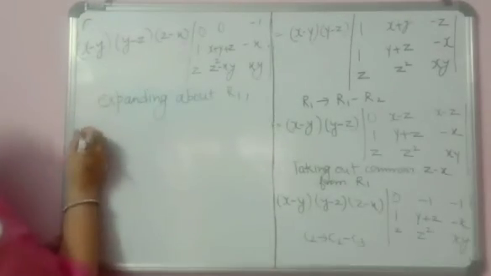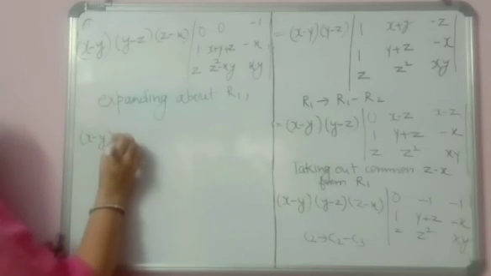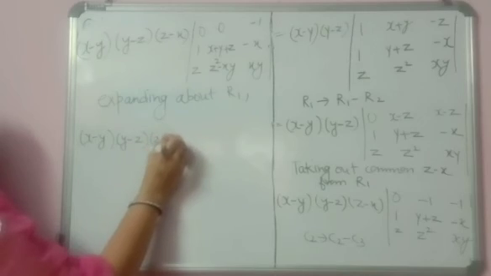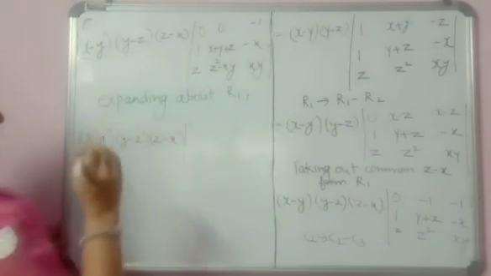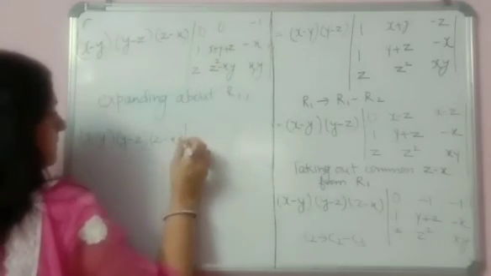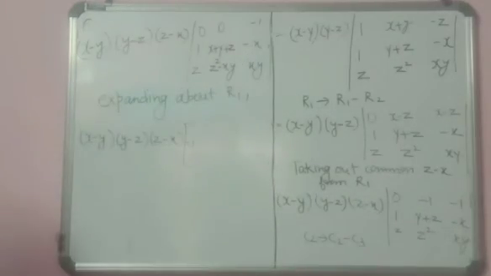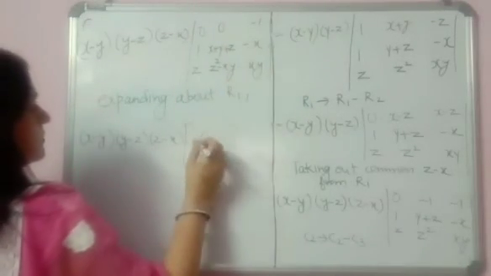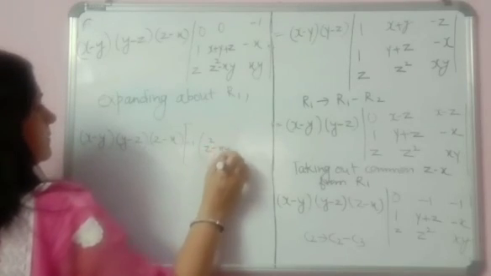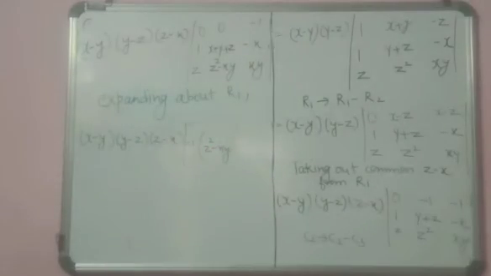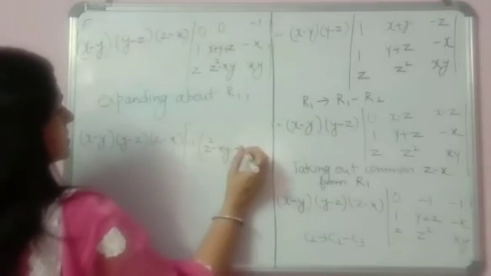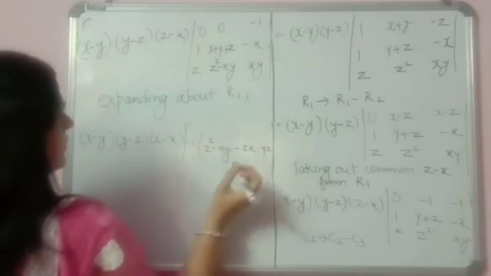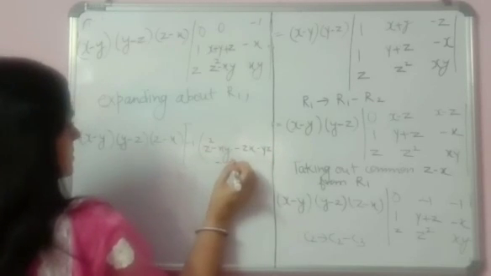So it is equal to x minus y, y minus z, z minus x into, so it will be minus 1 into z square minus xy minus zx minus yz minus z square.